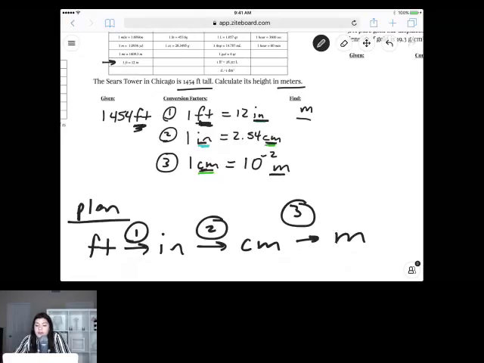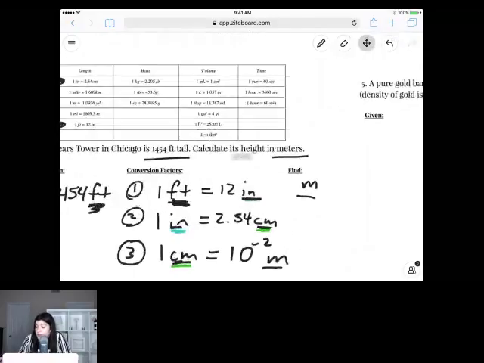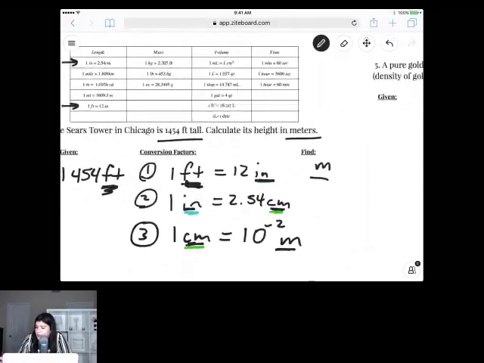Anne says, I went from feet to yards. Same. You guys went from feet to, let's see, inches. There's several different ways to do this, by the way. Did you guys end up getting the same answer, the ones that went from feet to yards?